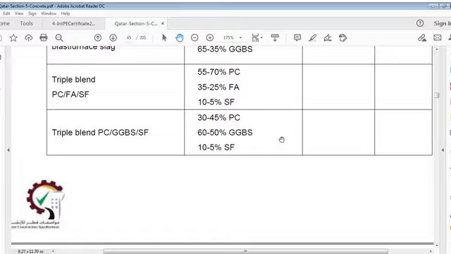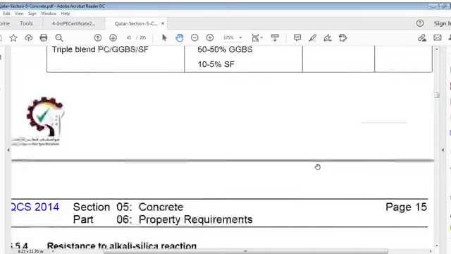Here GGBS is 60 to 50% and silica fume is 10 to 5%. So total replacement of Portland cement is up to 70%, while in the previous case it was only 45%. Here we are having better management and better production of low heat, low shrinkage cementitious material. We have to understand this point.